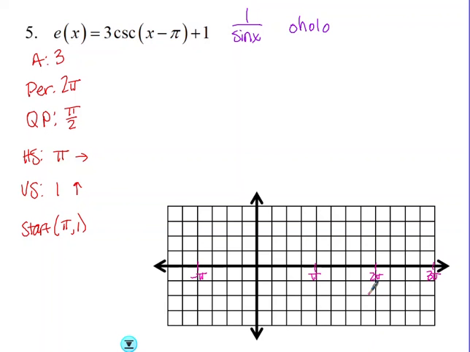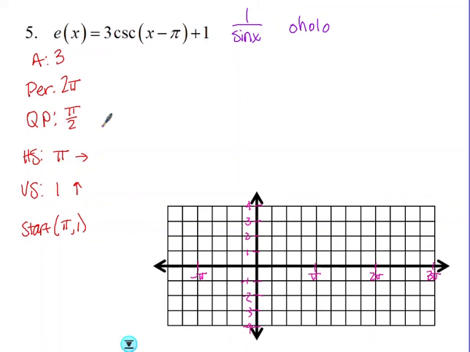Since our vertical stretch is 3, I'm going to go ahead and change how I label the y-axis and make this 1, 2, 3, 4. So I'm going to think that I am graphing the sine function with these characteristics.